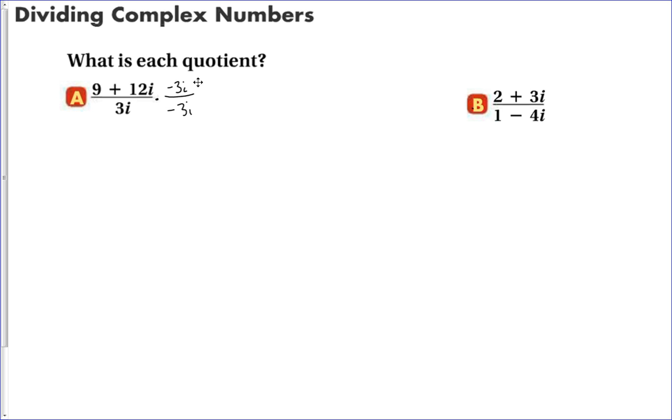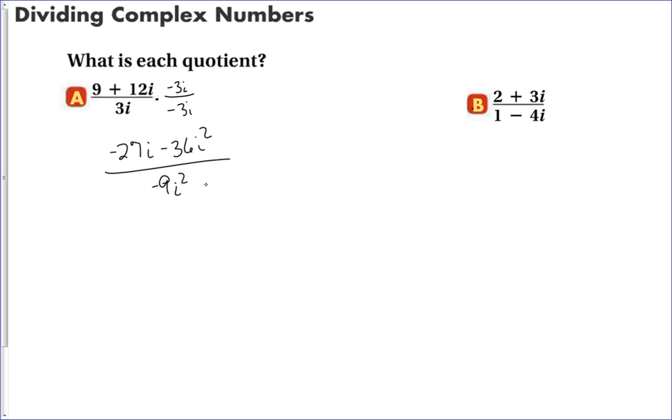All right. So now just distribute it through. That's going to be negative 27i minus 36i squared. And down here, we're going to get negative 9i squared. All I did was multiply. You take your complex conjugate, which is your bottom imaginary number, change the sign on the imaginary term, and then multiply the top and bottom by that new term.